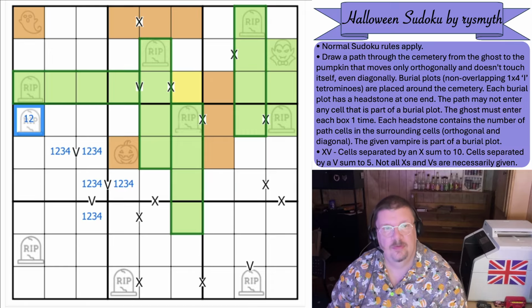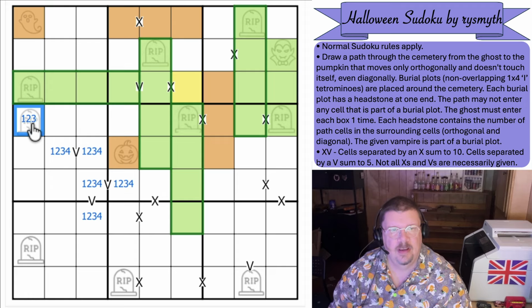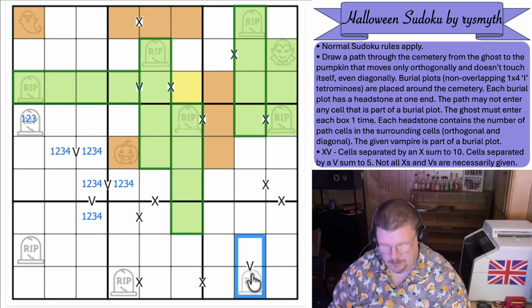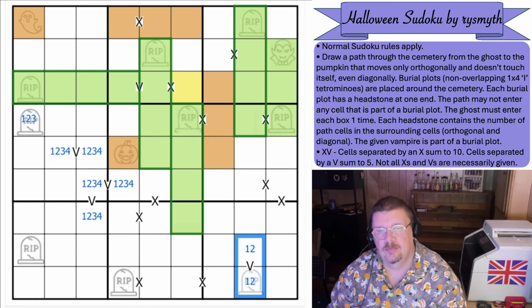So that's from 1, 2, and 3, and that gives us a 1, 2, 3, 4 quadruple in this box. Those are from 1, 2, 3, and 4.